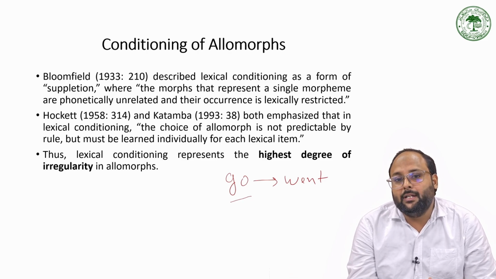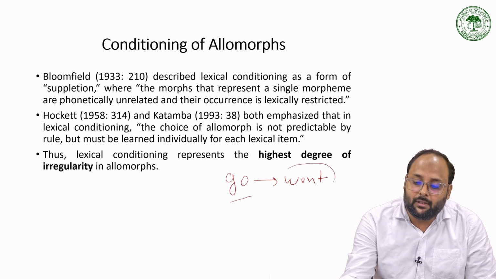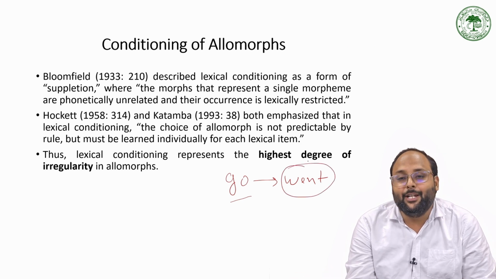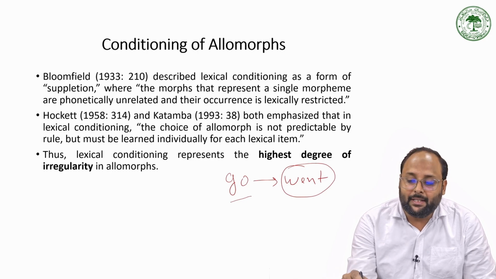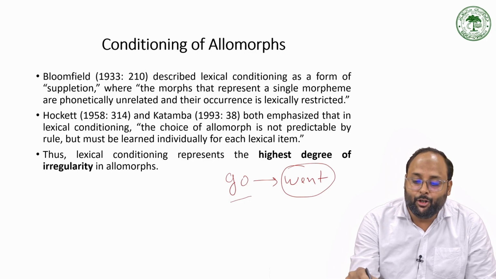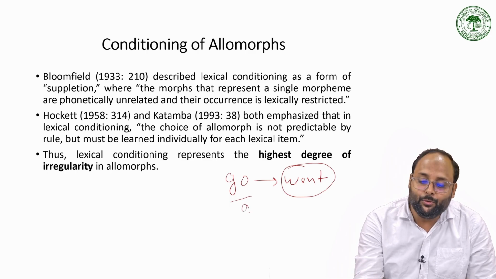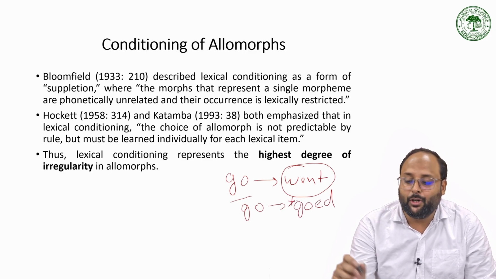So the suppletion pattern can be considered lexically conditioned because this pattern does not follow any regular pattern. Like if you are making the past of a verb, go becoming goed would be wrong.